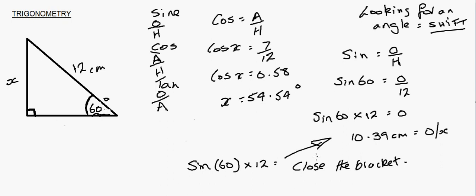If you have an angle, make sure you close the bracket, okay? Otherwise what it will do is it will find out the sine of 60 multiplied by 12, okay, and you'll get a massive number. So I hope that's helped, and good luck and just practice.